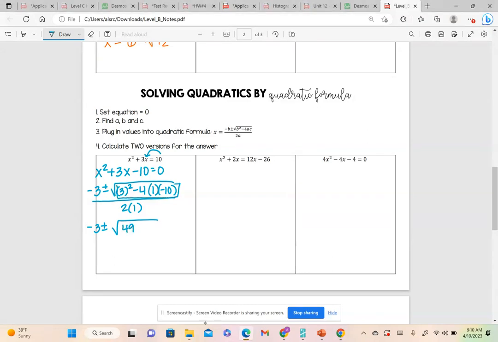So you can plug this part right here in your calculator or do it in your head. Then divided by 2. Square root of 49 is 7. So negative 3 plus or minus 7 divided by 2. You have to find both the answers. Negative 3 plus 7 is 4. Divided by 2 is 2. Negative 3 minus 7 is negative 10. Divided by 2 is negative 5.